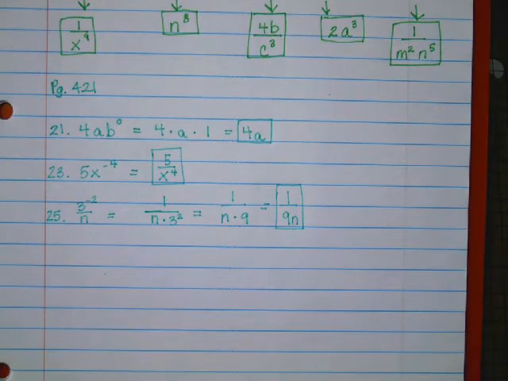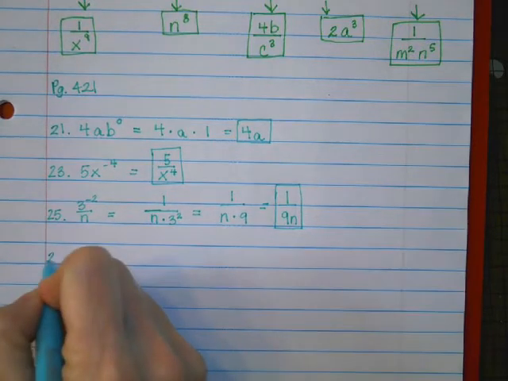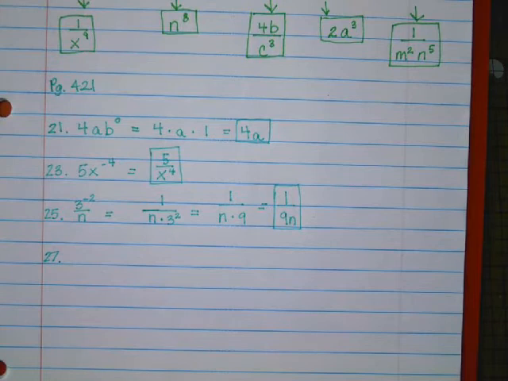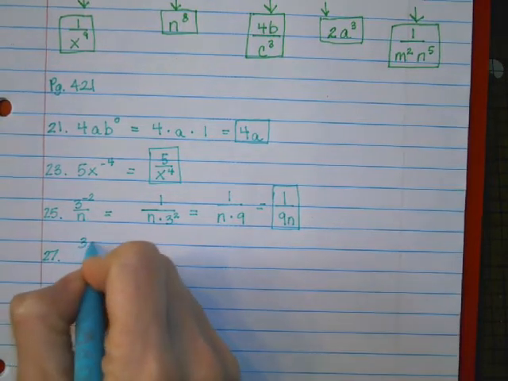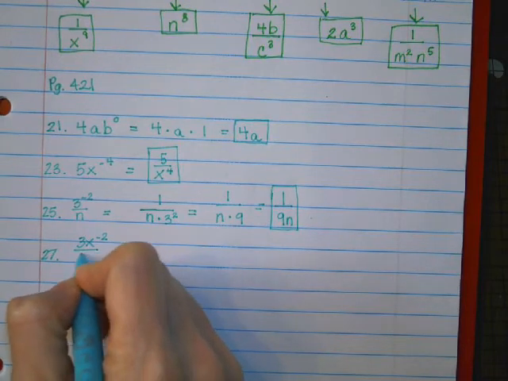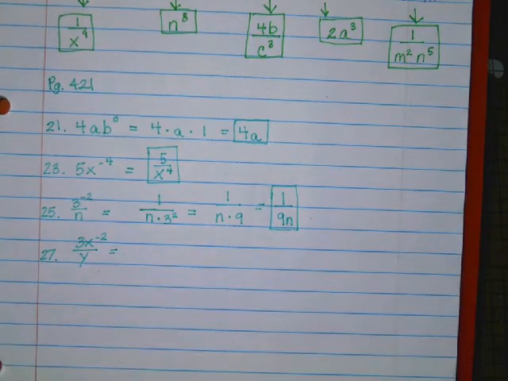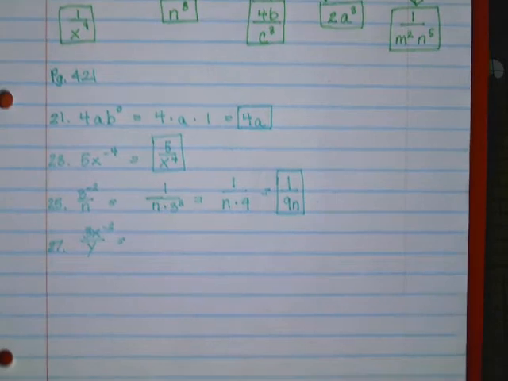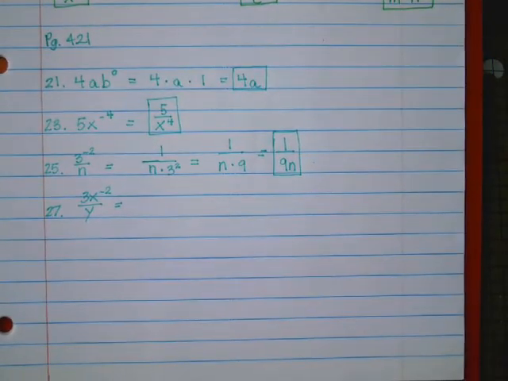Okay, so now we're going to move on, and we're going to try number 27. Right? 27 has 3 times x to the negative 2 over y. So in here, you should notice how many things in here, move this up, Isaiah, have a negative exponent.